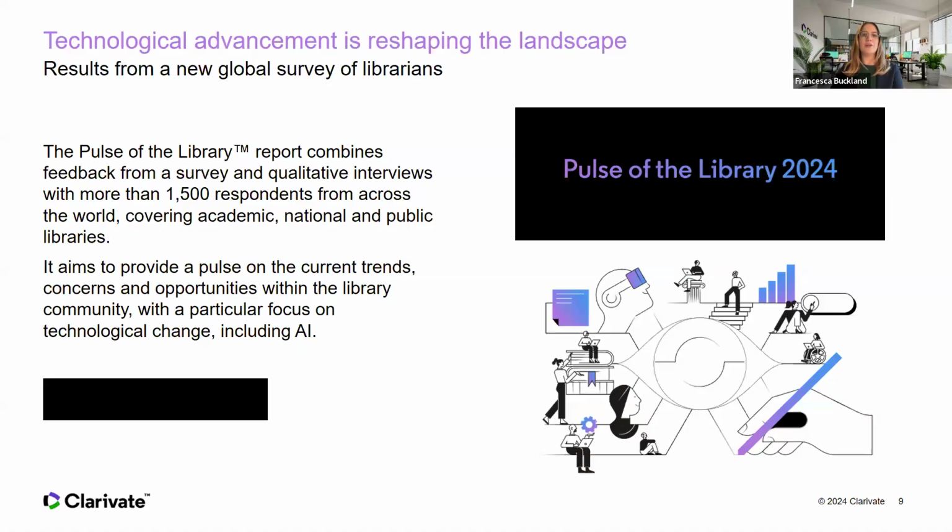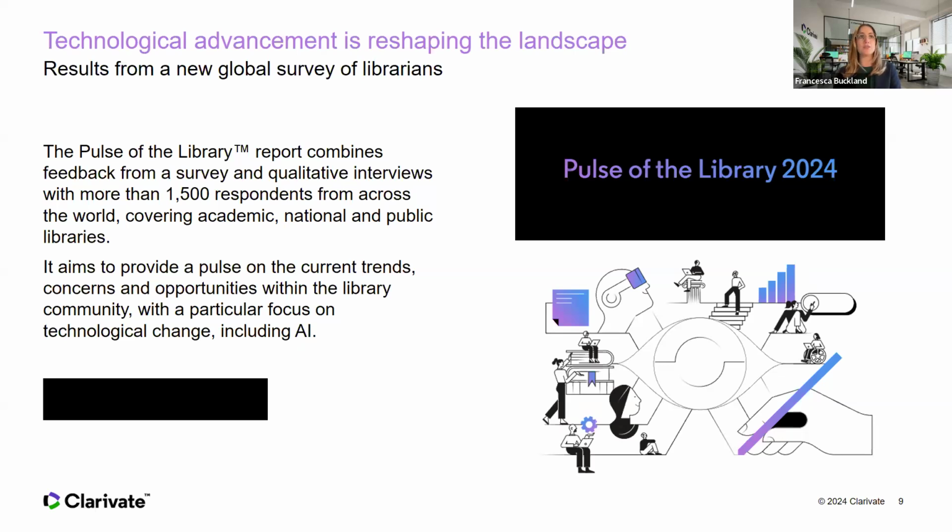There's the quickening pace of technological advancement, in particular with generative artificial intelligence, which we'll refer to throughout this presentation as Gen AI, is reshaping the academic landscape and the landscape for all, really. And as you might have seen, Clarivate recently published our Pulse of the Library report, which combines feedback from a survey and qualitative interviews with more than 1,500 respondents from across the world, covering academic, national, and public libraries.